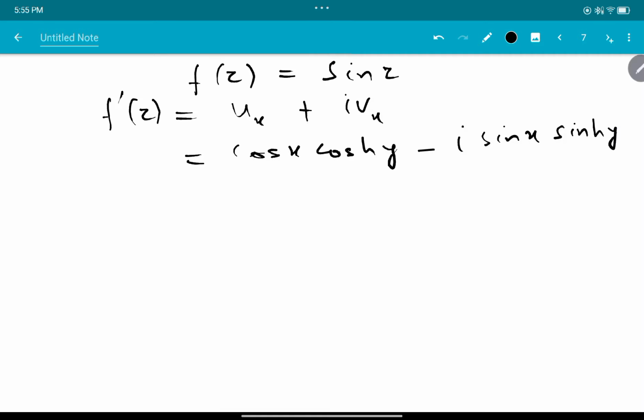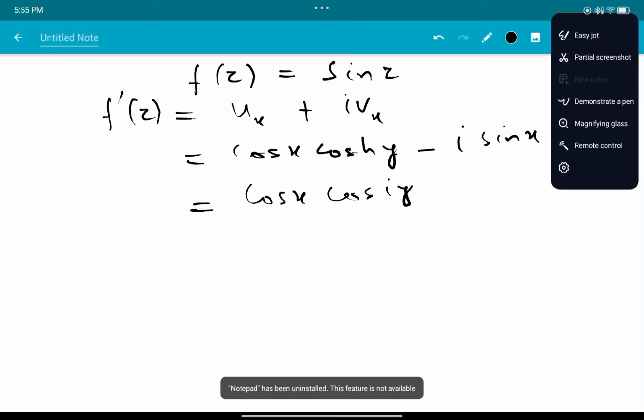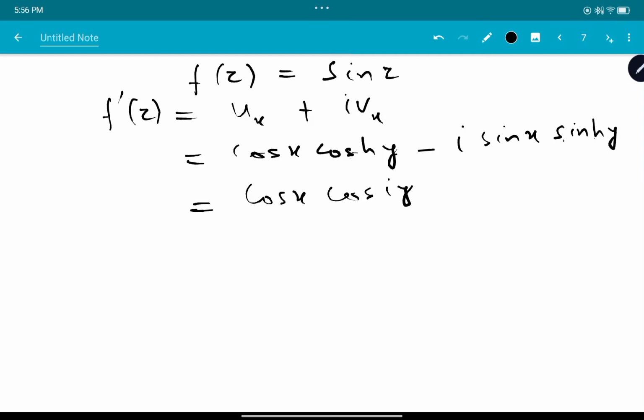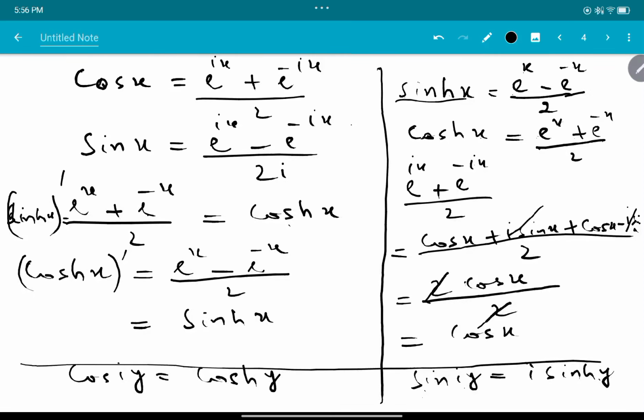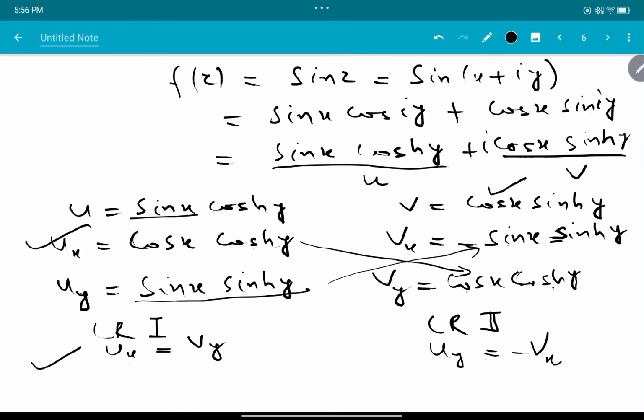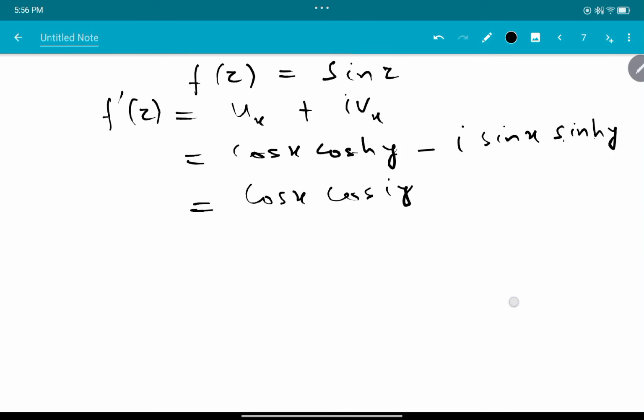Now I will convert this cosh y back into cos iy, and similarly sinh y back into sin iy. This is what I have already proved: cosh y is equal to cos iy. Back to this, and then we have minus i sin x.